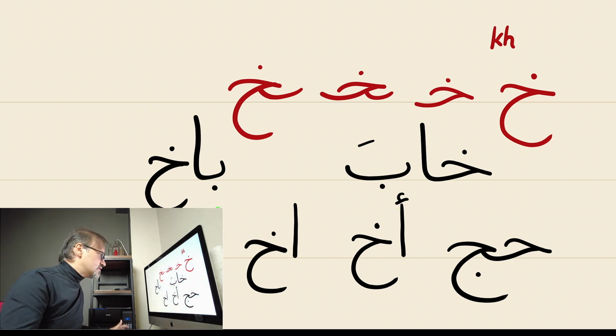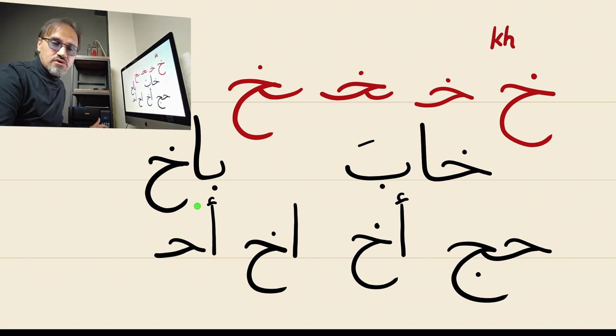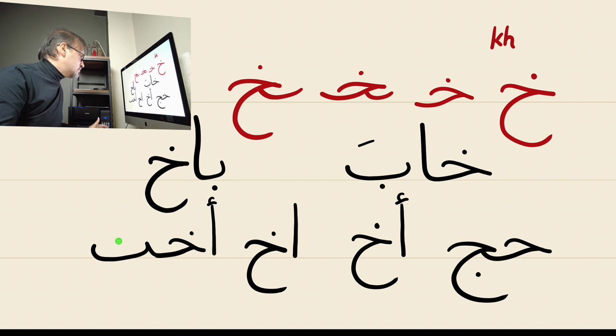What about sister? Sister is like this. Same with a hamza on the top. Again, the kh, but here the sister means ukht. Ukht. So it's the hamza, then kh, and then it ends with a t. Remember the t? The boat with two dots on the top.